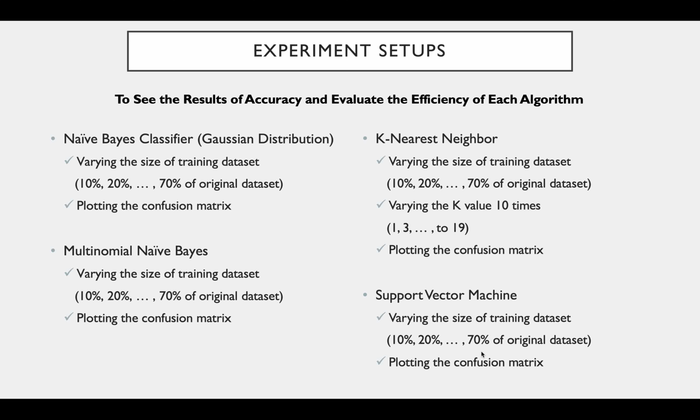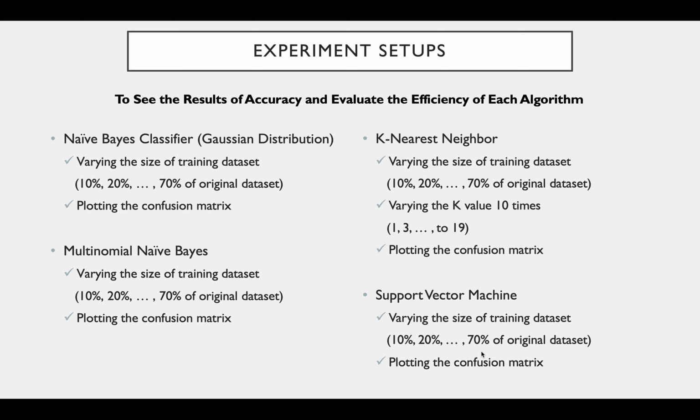And then for k nearest neighbors, I also vary the size of training data sets from 10% to 70% of the original data sets. And I also need to vary the k value 10 times to see which k I should select for each size of training data sets.